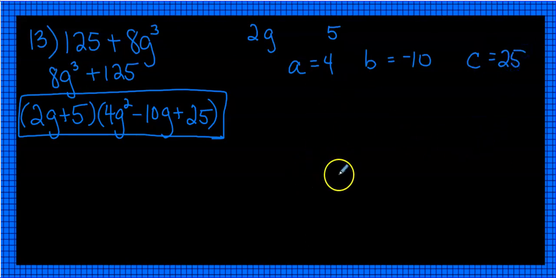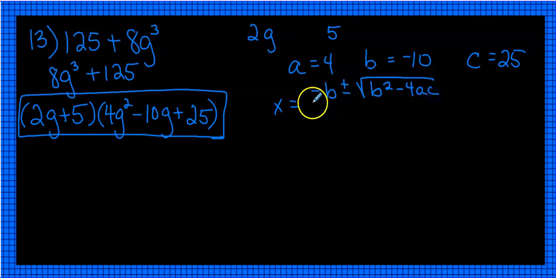And if you remember quadratic formula, it is x equals the opposite of b plus or minus square root of b squared minus 4ac, all of that over 2a. It's not fun to work with, but we need to do it to find those imaginary roots.